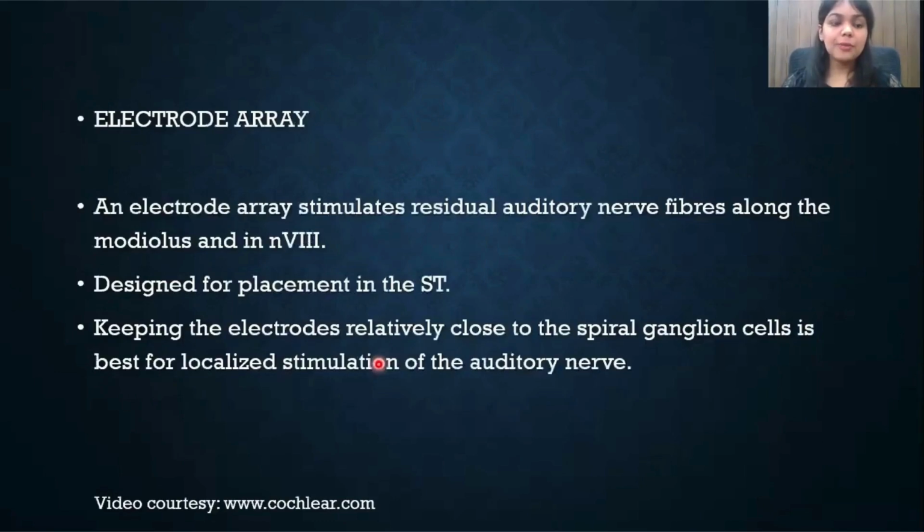The electrode array stimulates residual auditory nerve fibers along the modiolus and in the 8th cranial nerve. It is placed in the scala tympani. Generally, we prefer an electrode which will be close to the spiral ganglion cells for best localized stimulation of the auditory nerve.